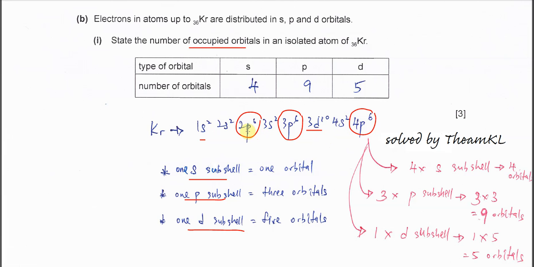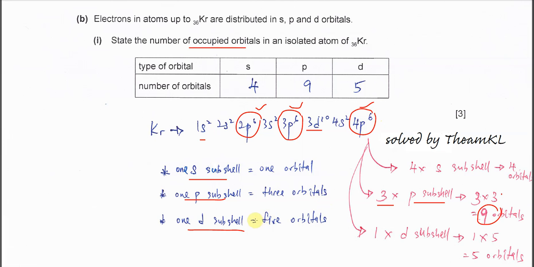So there are 3 subshells together, and we know the p subshell has 3 orbitals, so it's 3 times 3. So total is 9 occupied orbitals there. Okay, there are 9 orbitals in there.